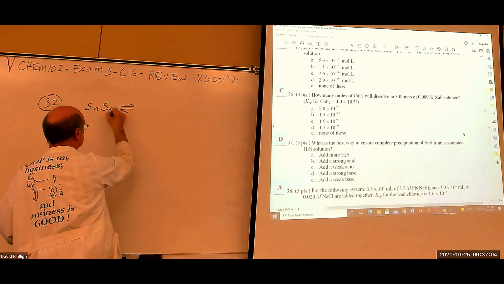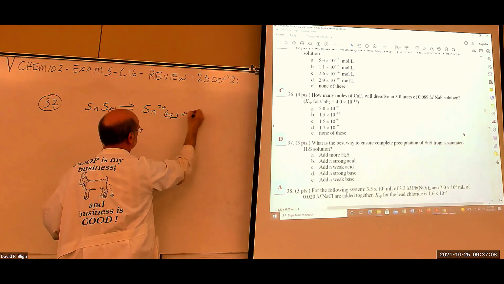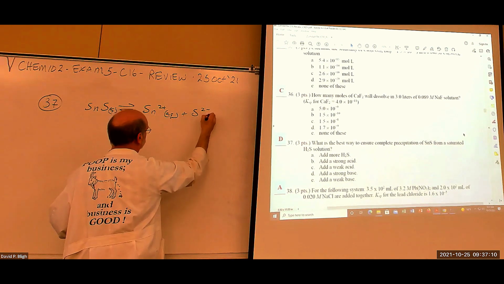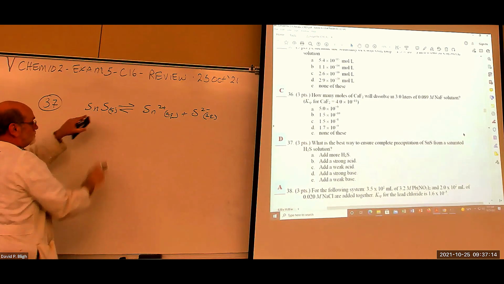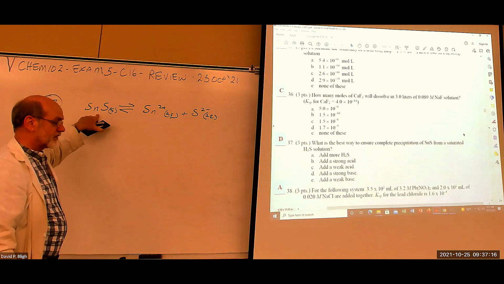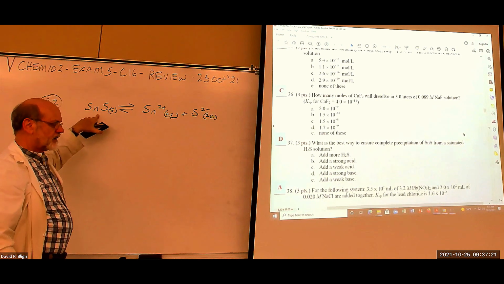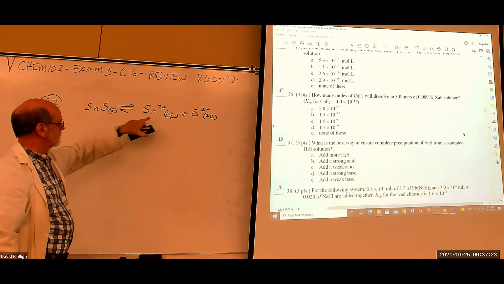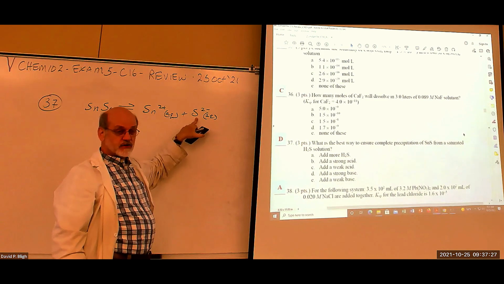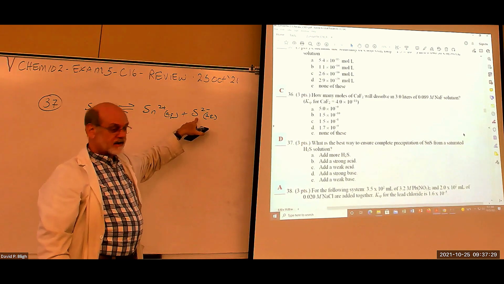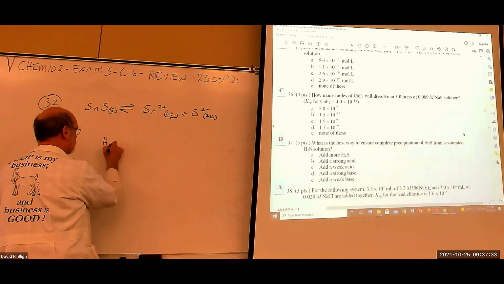This is a solid. You're going to get some sulfide out of that solution because it's saturated with H2S. But you want to be sure you get all of it, right? So you need this value to be as high as you can get it.